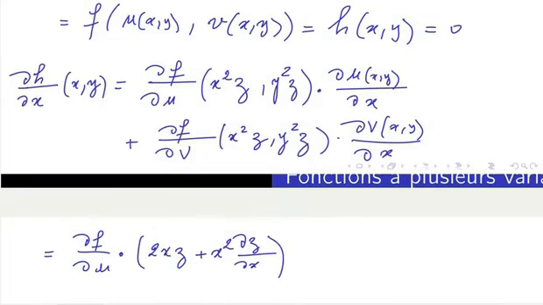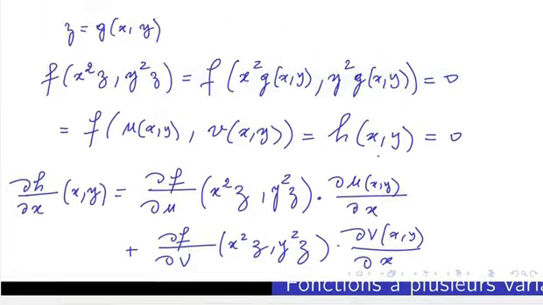So the derivative of x over z, plus the derivative of phi with respect to v at the point x over z, y over z, multiplied by the derivative of v with respect to x. So v, we revisit v. It's the function.